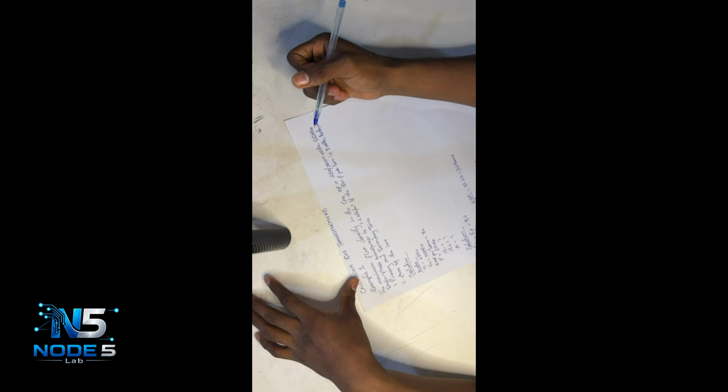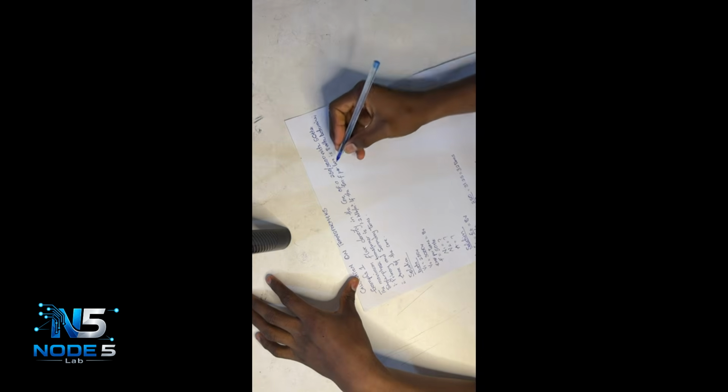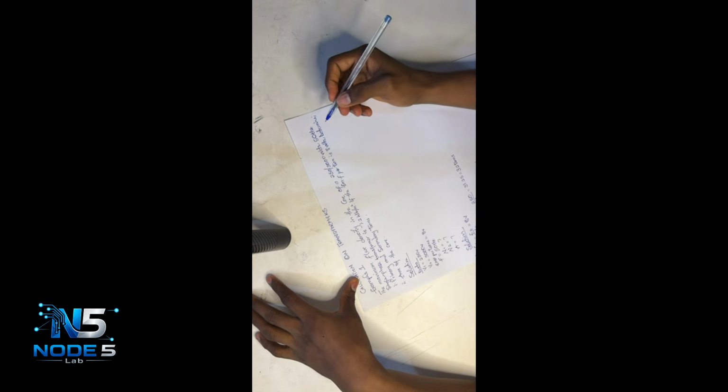If the EMF per turn is 8 volts, determine the primary and the secondary turns. Second, determine the area of the core.